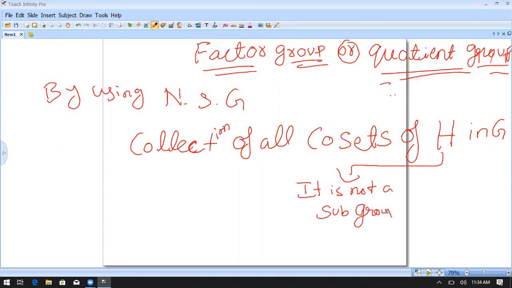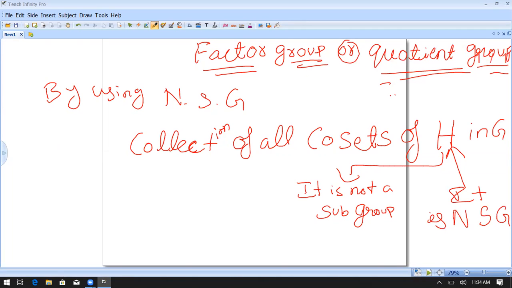It is not a subgroup, it is a normal subgroup.